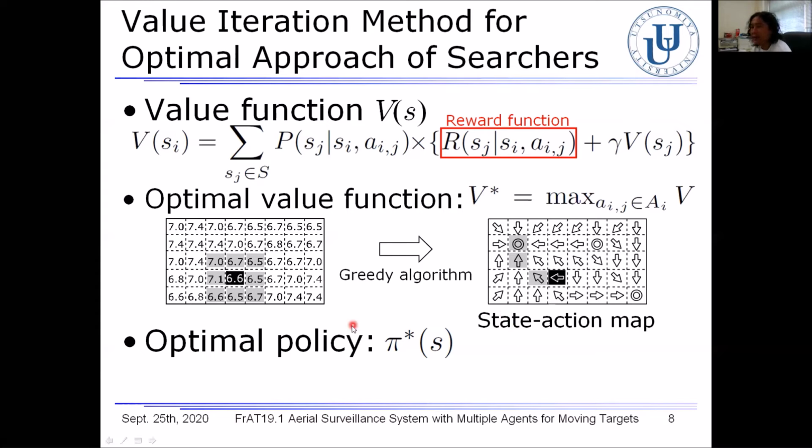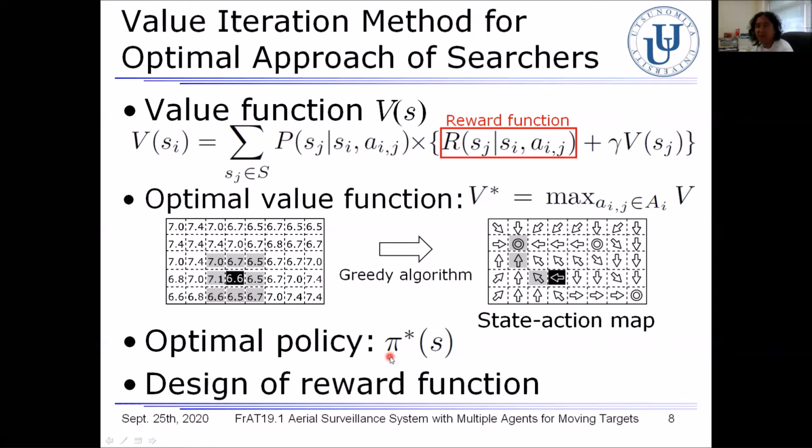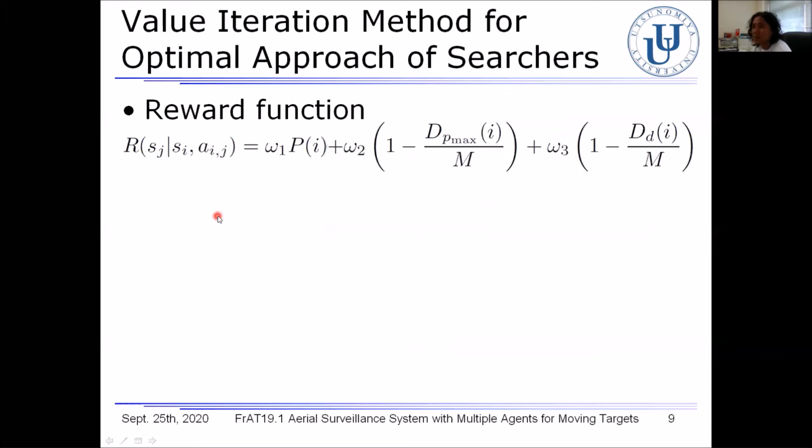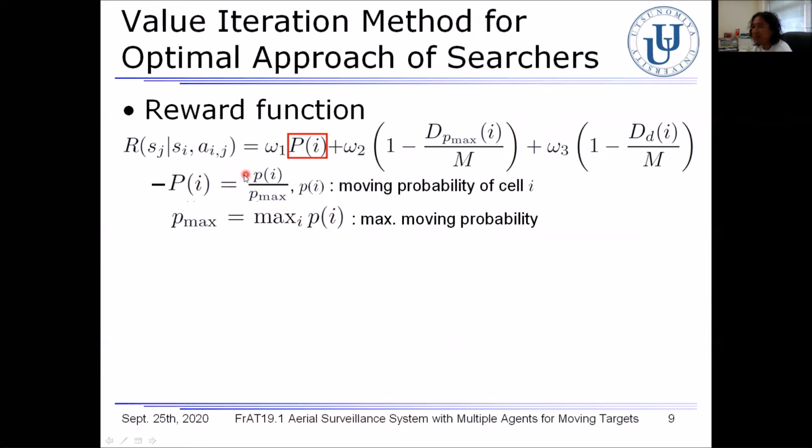Okay, and in order to have this optimal policy pi star, we have to design the reward function, as you can see here. So we present two reward functions. And this is the first reward function, where Pi is defined by the moving probability of a cell and the maximum moving probability.